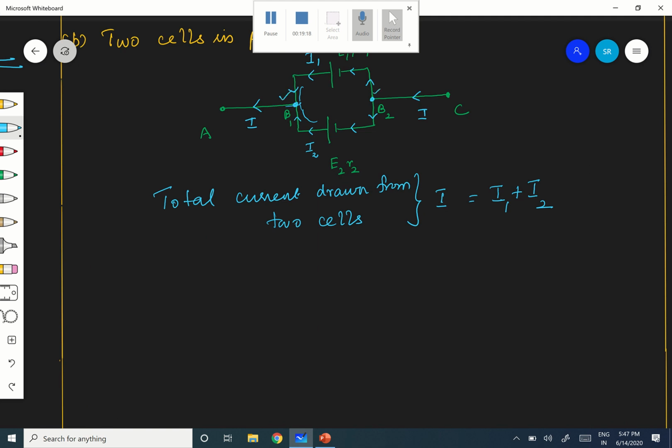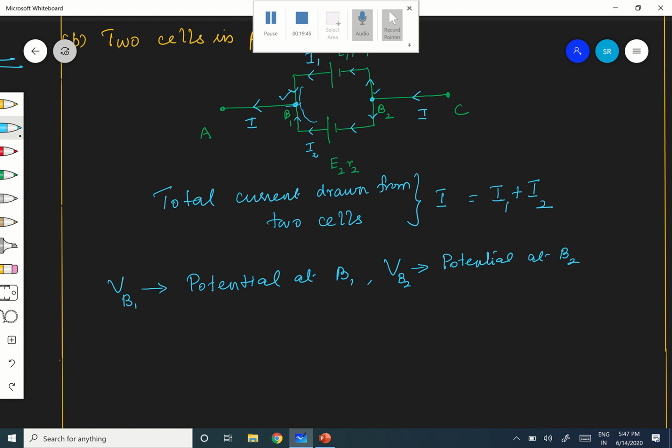Let the potential at B1 be VB1 and the potential at B2 be VB2.